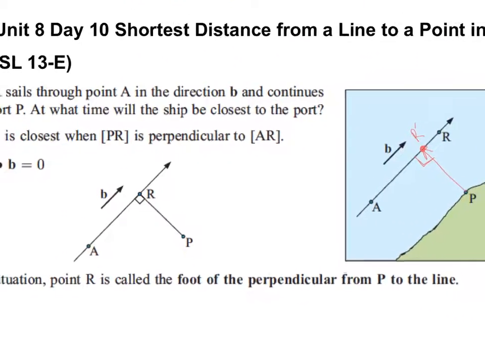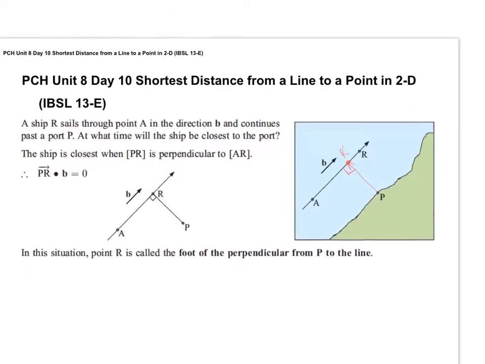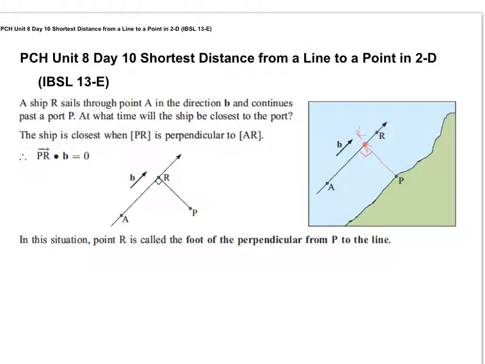And as you can see here, we would find this vector from P to wherever R was, wherever the ship is, and we would dot it with the direction vector that the ship was going. So in this case, it's vector B, and that dot product needs to equal 0.